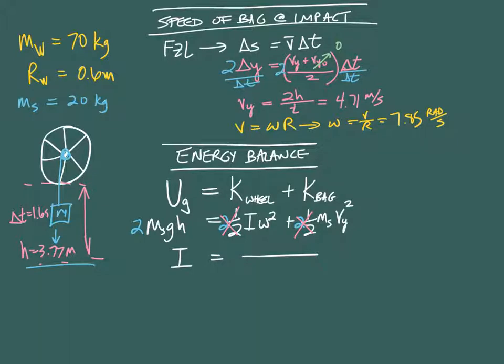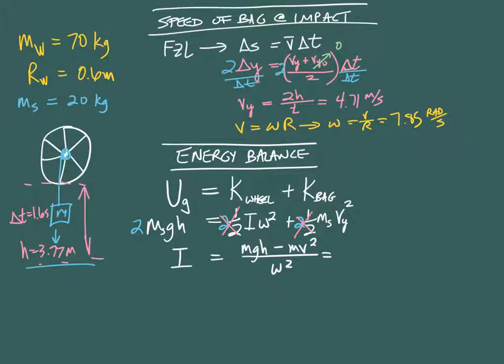And so I'm going to have this mgh on the left minus the mv squared on the right. And then I'm going to divide away that omega squared. So this equation is just solving the energy balance for the rotational inertia.